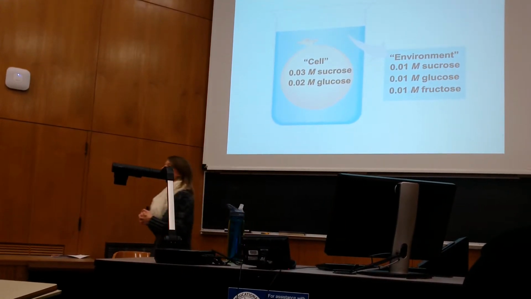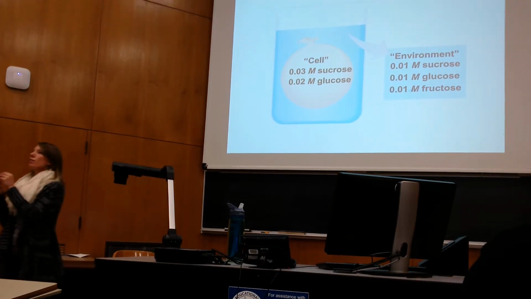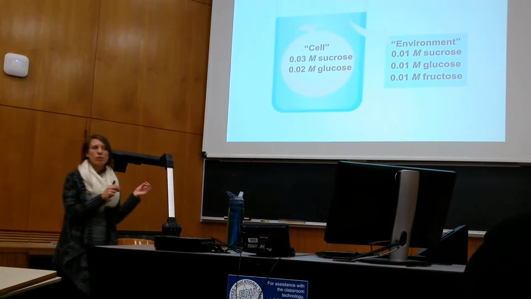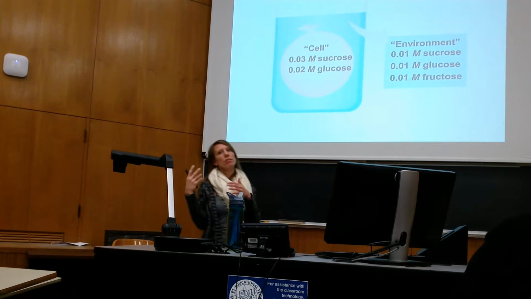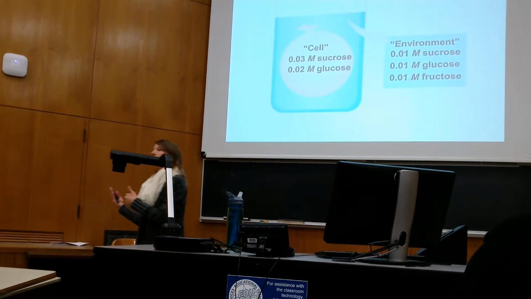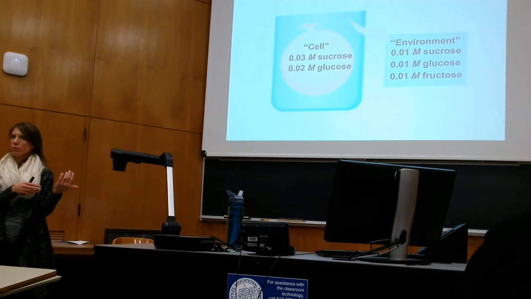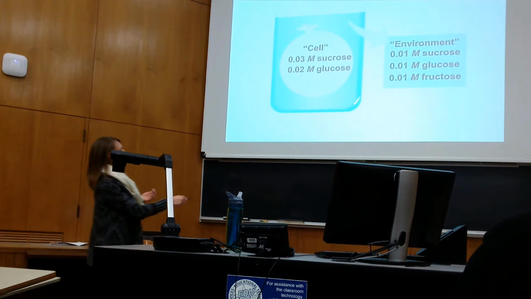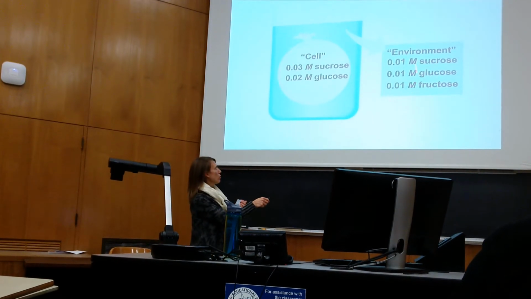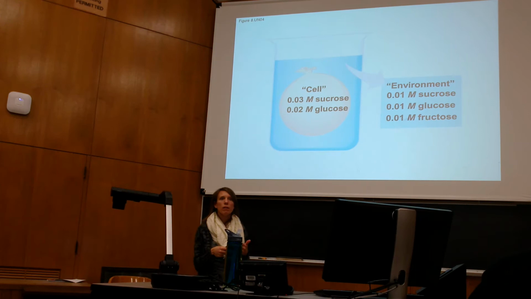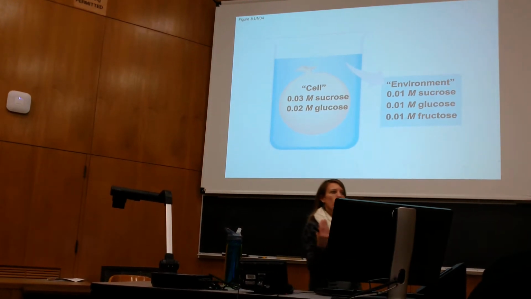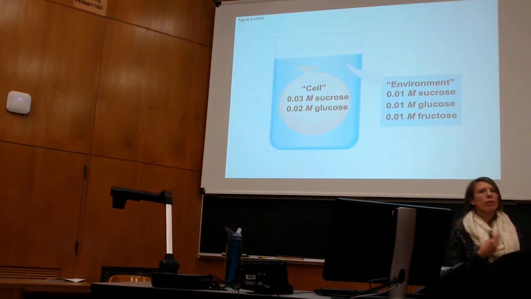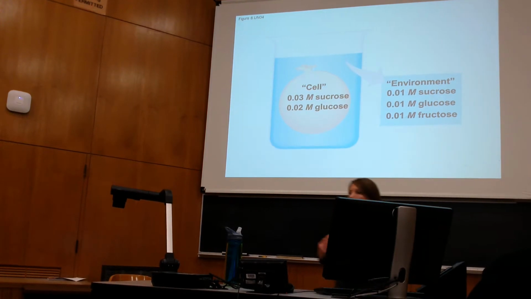Water's going to move from a lower concentration of solutes to a higher concentration of solutes, or from a high concentration of water molecules to a low concentration of water molecules. So it would move from here into the cell. 0.03 is lower than inside the cell, so it's going to want to move into the cell to help equalize that ratio of solutes to water.